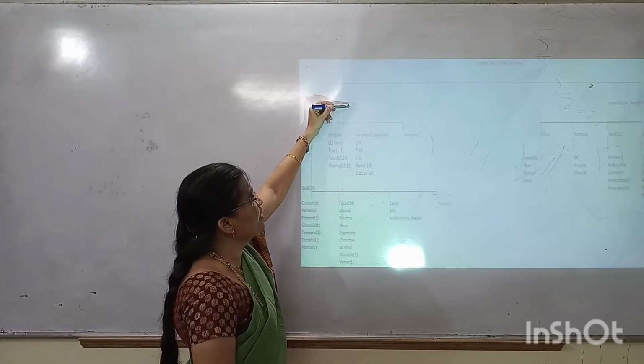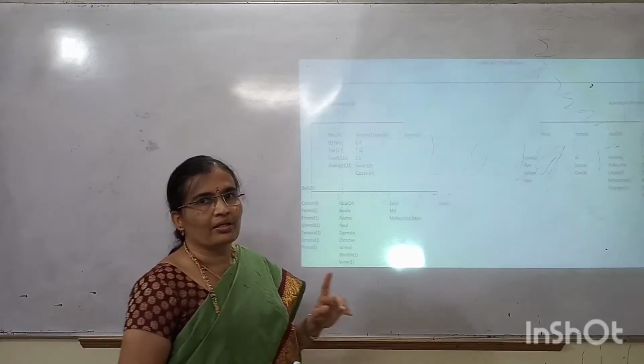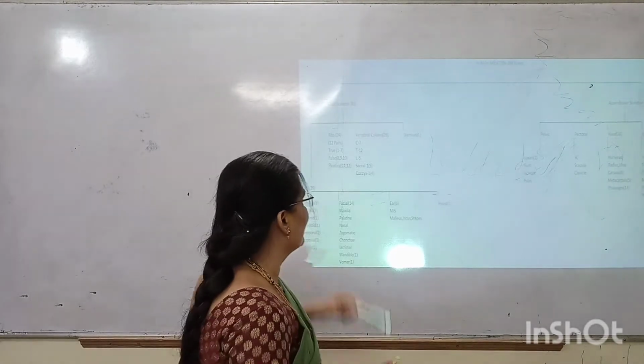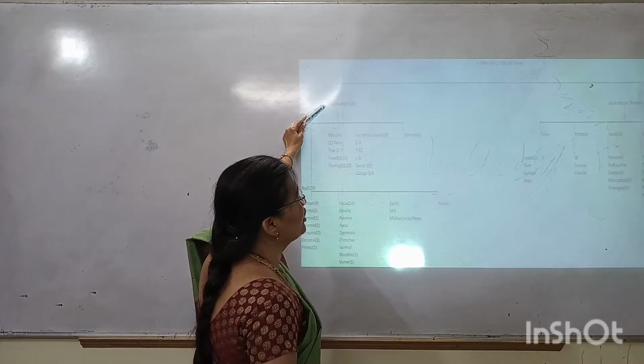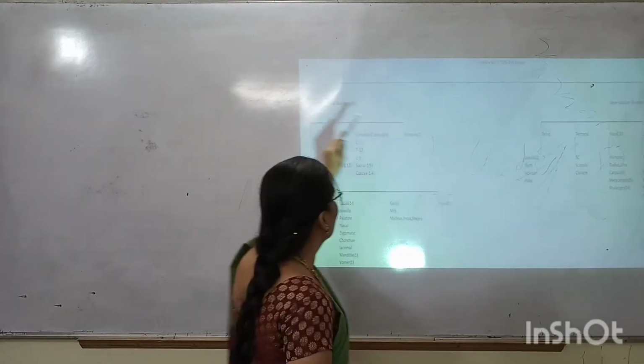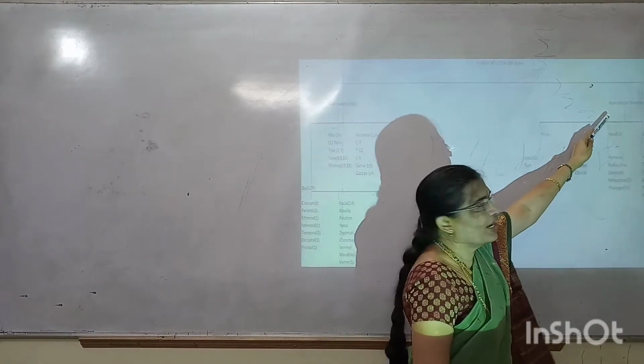The axial skeleton is made up of a total of 80 bones. Out of 206 bones in the human skeleton, minus 80, how many are remaining? 126.